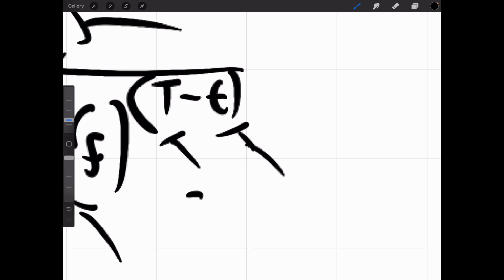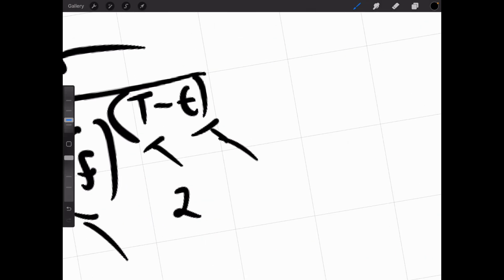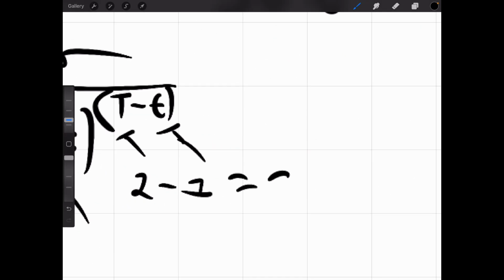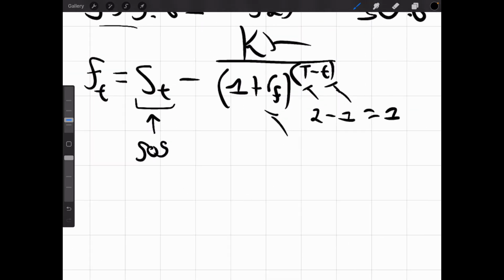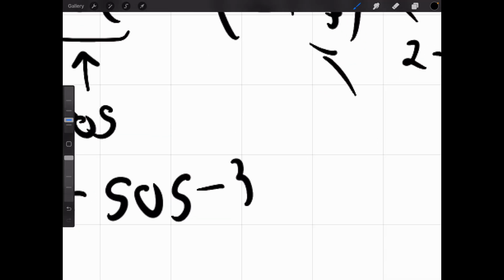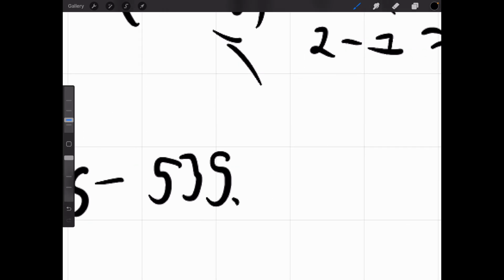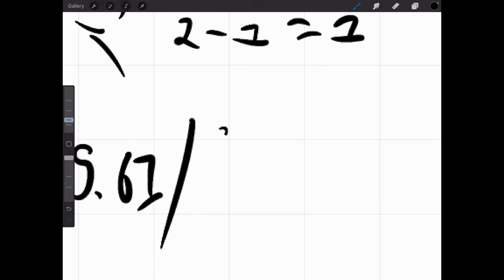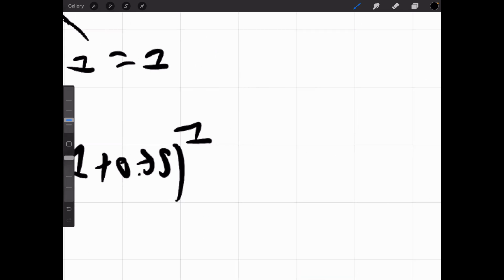So your total time was 2. This sold in 1 year, correct? Yeah, after 1 year, so less 1, right? This is just 1. So then this is essentially saying equals 505 less 535.61 over 1 plus 0.035 to the power of 1, I guess you could write.